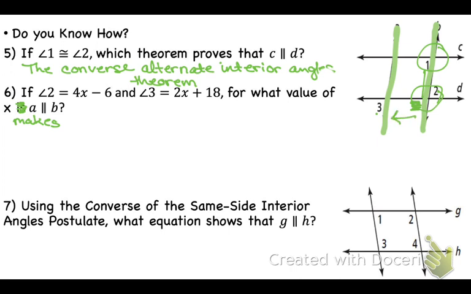Would they be corresponding then? So if 3 is corresponding to this angle, and 1 is corresponding to that angle, so they should be corresponding to each other. Again, is that the transitive property? Okay, so they should be congruent, so I need to set them equal to each other. So solve that.